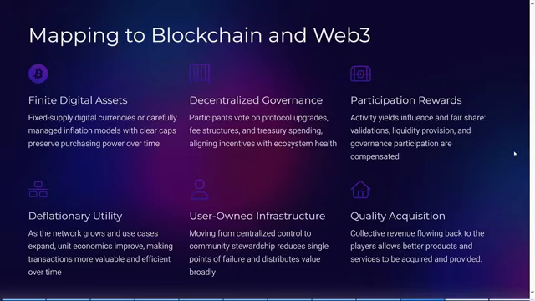Deflationary utility. As the network grows and use cases expand, unit economics improve, making transactions more valuable and efficient over time. And there's user-owned infrastructure. Moving from centralized control to community stewardship reduces single points of failure and distributes value broadly.